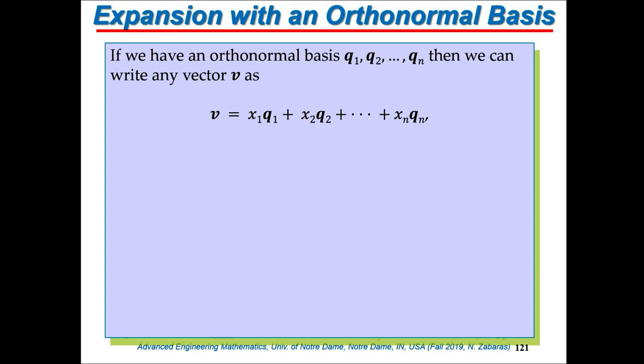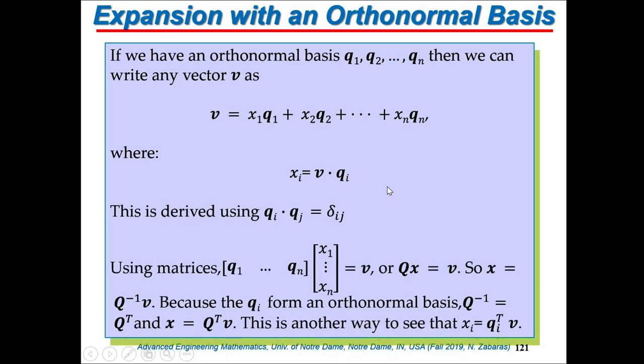And because these eigenvectors are orthogonal, and actually orthonormal, they also have magnitude 1, if you take the dot product of the left and the right hand side with q1, q2 with q1 will give you 0, q1 with q1 will give you 1. So you can see that x1 is v dotted with q1. So effectively, any vector v can be written in this form, where the coefficients are basically the orthogonal projections of v onto each of these vectors q.